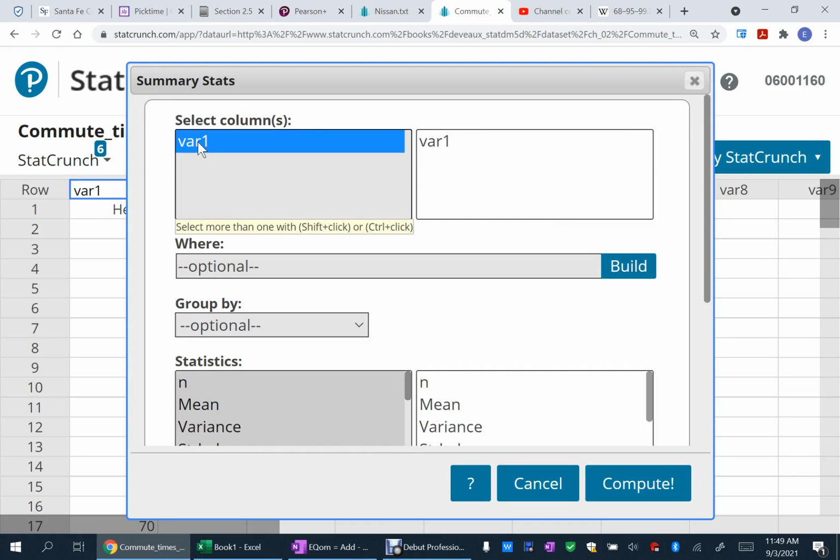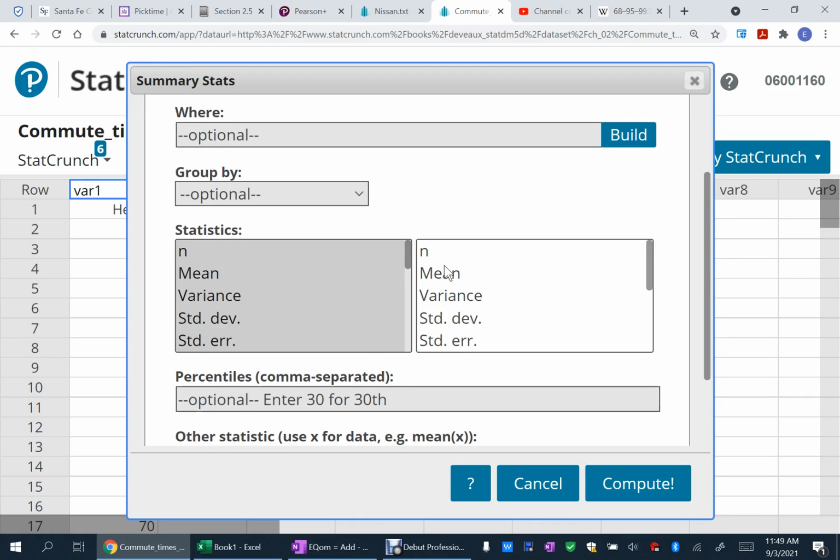I'm going to pick that column and run it, and it's going to give me how many people, n, the mean value, and the variance, which is basically just our standard deviation squared, or you could say our standard deviation is the square root of variance. Those statements are equivalent. Standard error we're not going to talk about right now, but it's also going to give us our median, range, minimum, maximum, Q1, Q3.